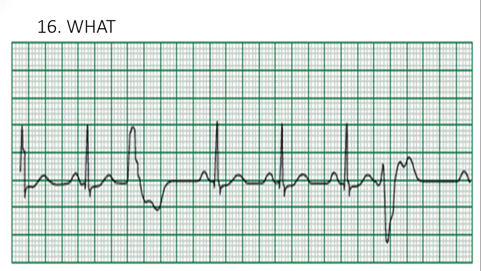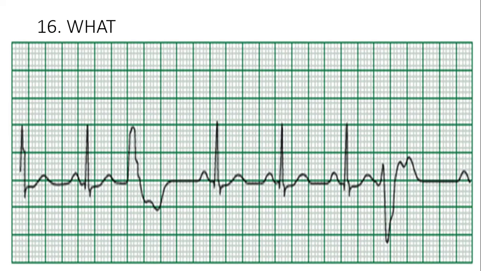What about ST depression? Nope. Strike one. PVCs? Okay, we're on to something. What type of PVC? Ventricular.